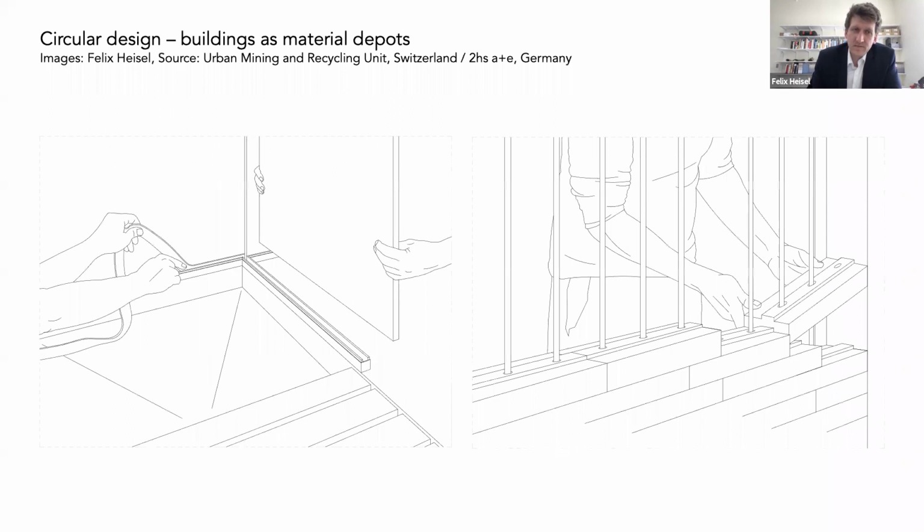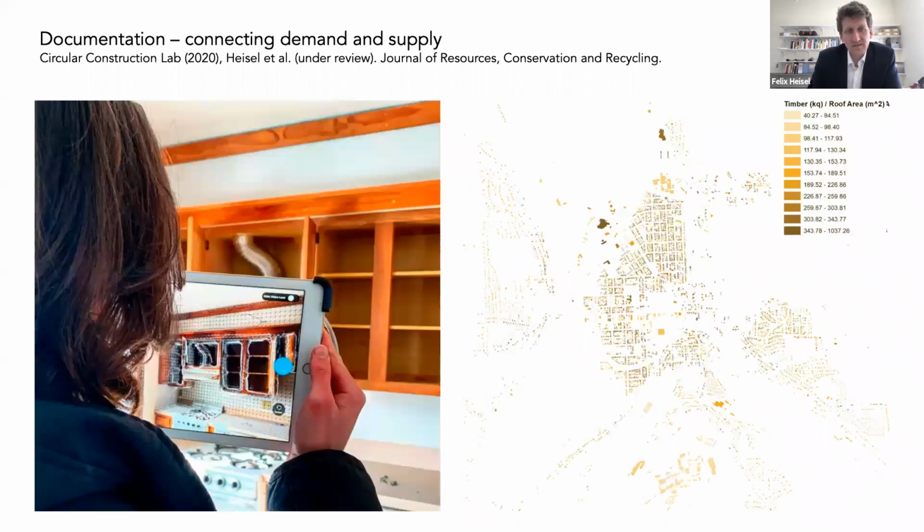This involves looking at new details, reimagining construction, and it involves looking at different types of documentation and estimating the stocks and flows in the built environment to somehow match demand and supply, which is another really important area in the shift towards a circular economy in the built environment.